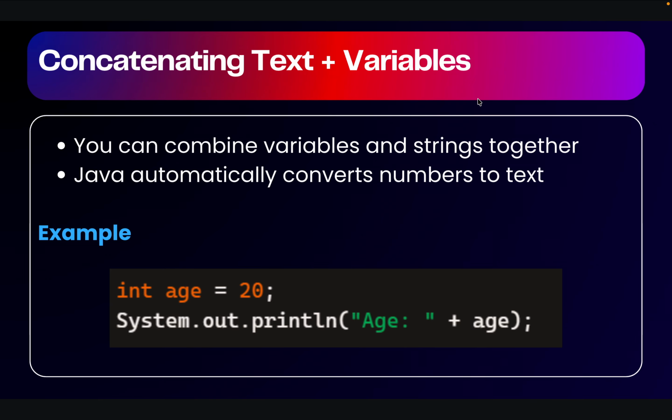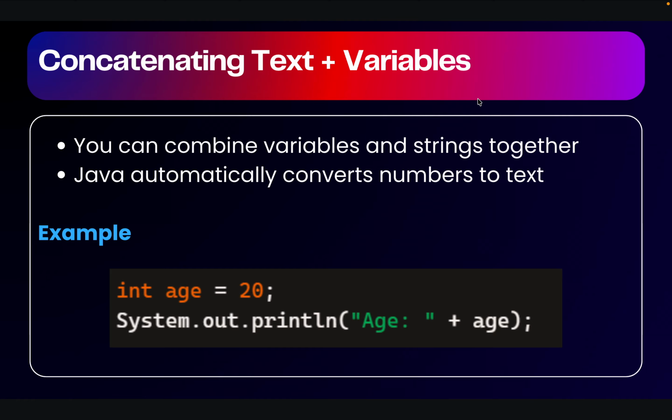You can also concatenate using text and variables. In the previous one, we were basically only using variables, but that's not always the case in real coding. You can use variables and strings and put them together immediately. And if you decide that you want to work with numbers, Java will automatically convert the numbers to text for you inside of the print statement.